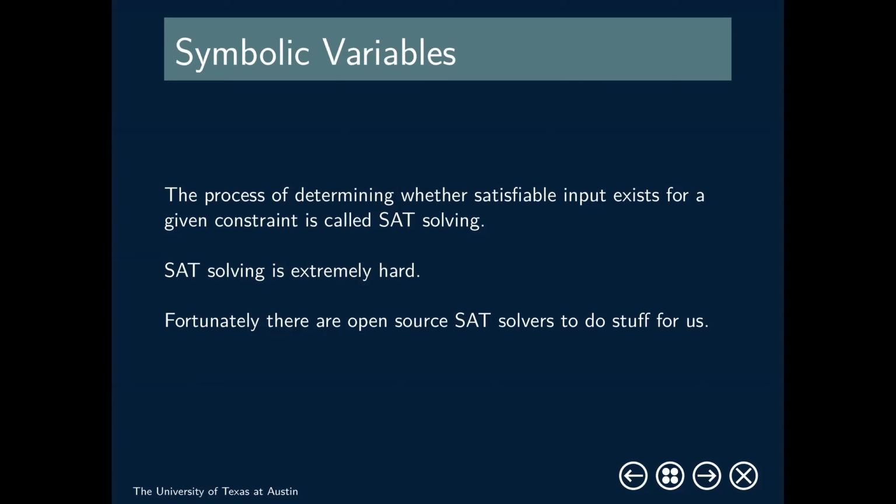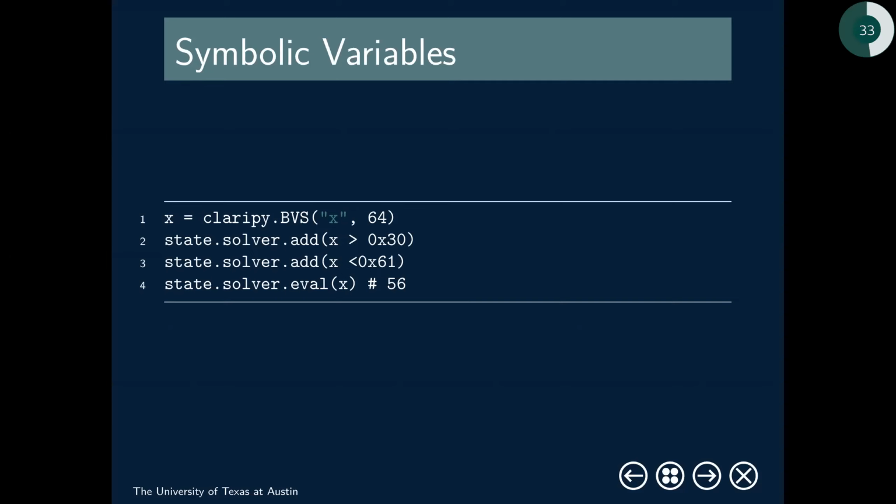So this is very hard. Fortunately, there are open source sat solvers that do all of this for us, and we don't really care about the internals of this. We're just going to ignore it and say, oh, if we call this function, it sat solves for us. So here's the first concrete code example of the talk.